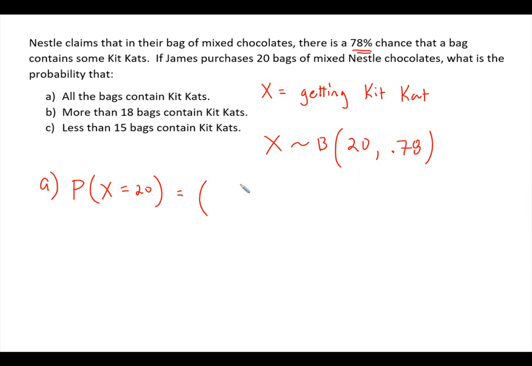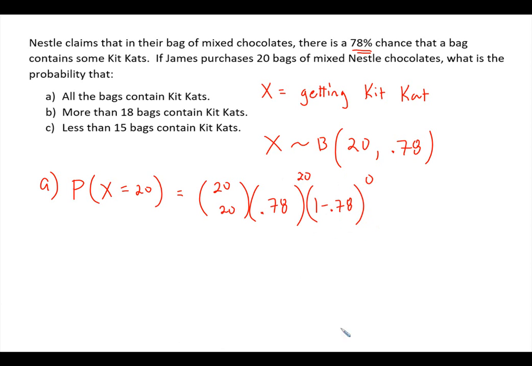If we expand this using the binomial distribution equation, we've got 20 trials, success is 0.78, and failure is 1 minus 0.78. Success is going to be all 20 bags, so this is 20 here, and this is 0.